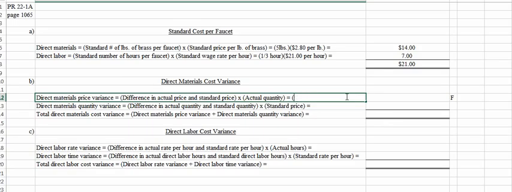Okay, so here you're going to have $2.80 minus $2.72, and we're going to multiply by the actual quantity, the actual pounds of brass used during the week, 59,875 pounds.